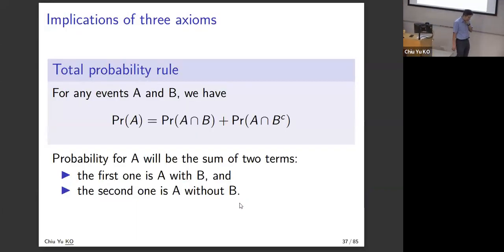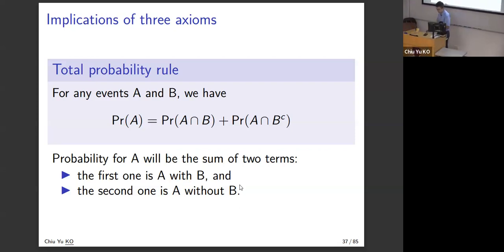And here we have the total probability rule. It's saying that the probability of A can be decomposed into two parts: A with B and A without B. We'll use this again very soon when Bayes' rule talks about the denominator, right?